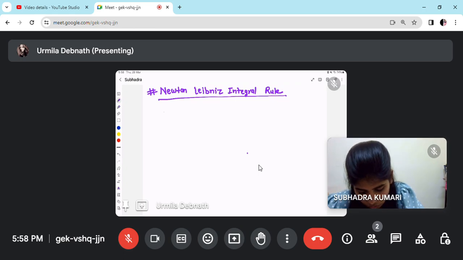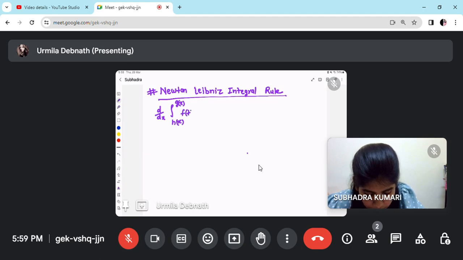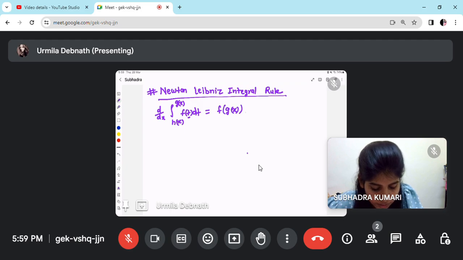So first of all, d by dx of the integral with lower limit h of x, upper limit g of x, and function f of t dt, is equal to: put g of x in place of t, because the integral is in t. So f of g of x, and then differentiate g of x with respect to x, so that is g dash x, the first derivative.